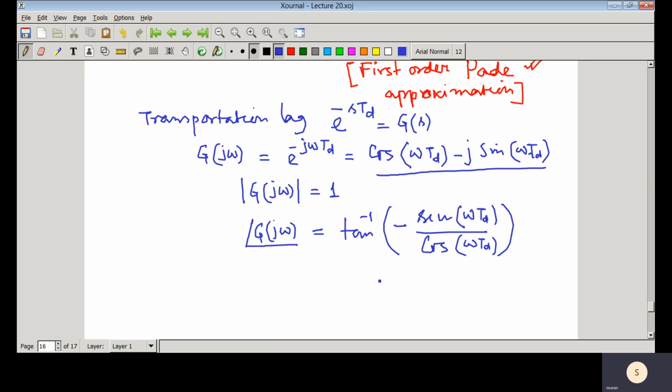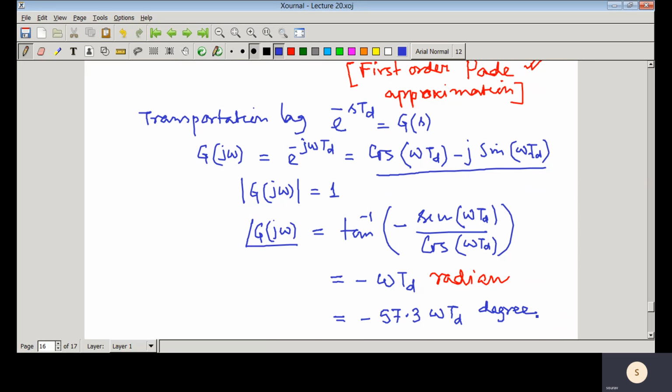So you will get it as minus omega Td, and here you can see that it is coming in radians. If you want to get it in degrees, that would be minus 57.3 omega Td in degrees.